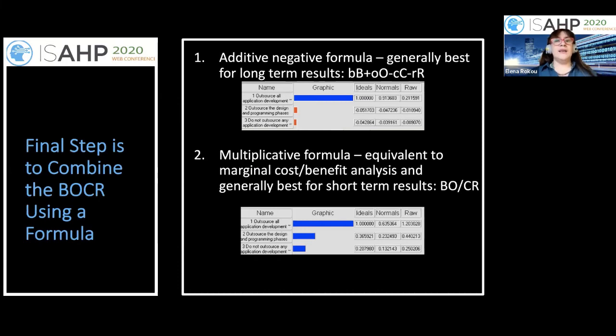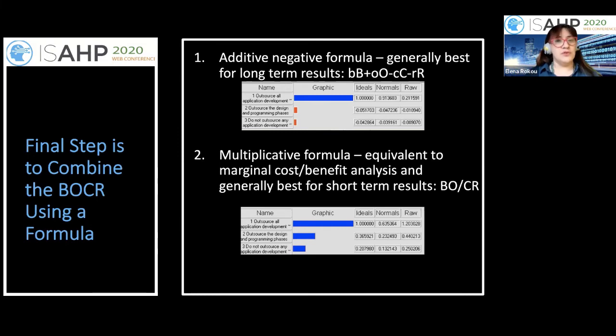Well, the why is that the final step to combine the BOCR is using formulas. And we have two formulas that we usually use. The additive negative formula, that is generally best for long-term results. And it really reads, take the results from the benefits, opportunities, costs, and risks subnets.